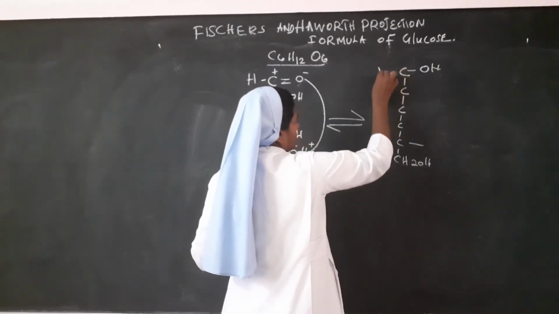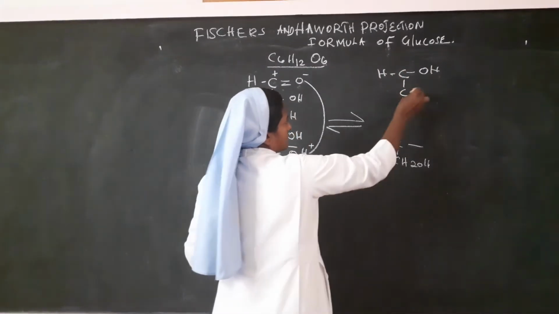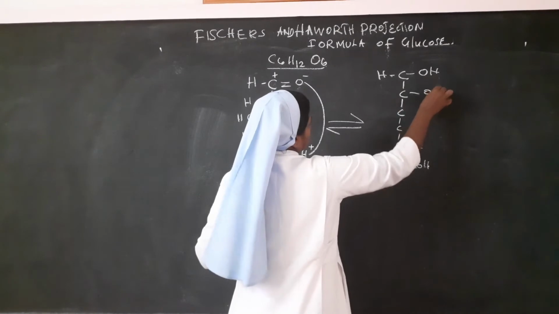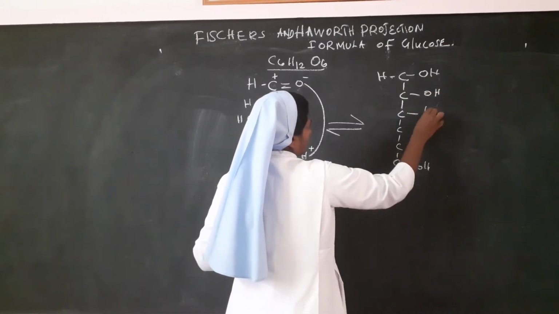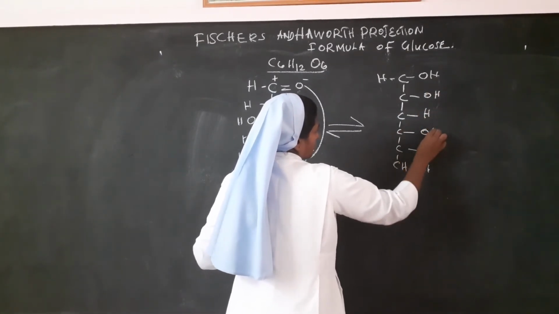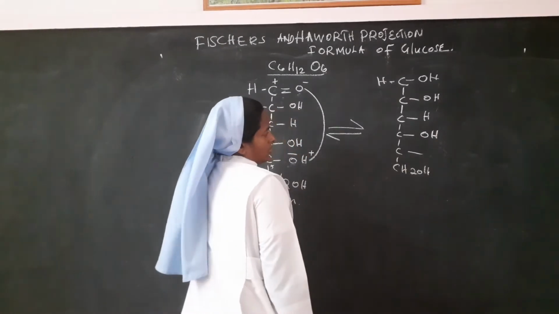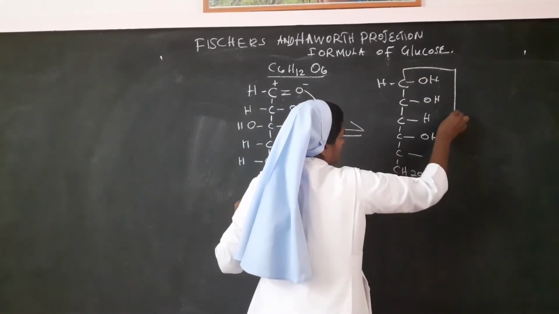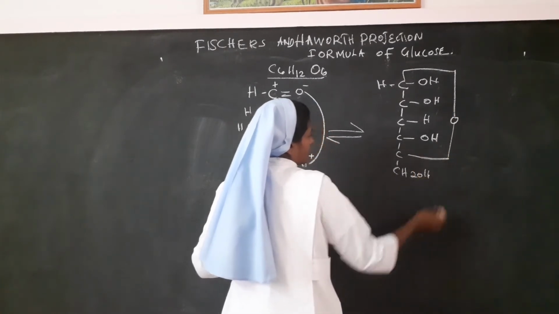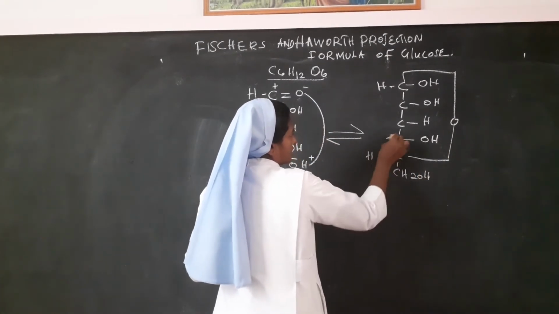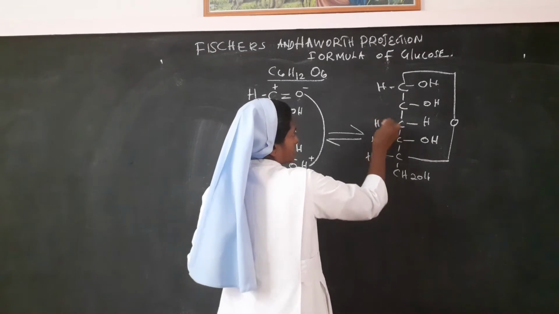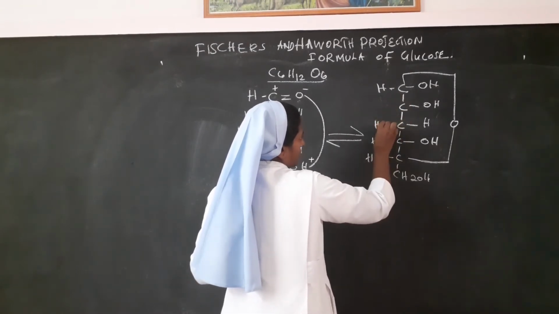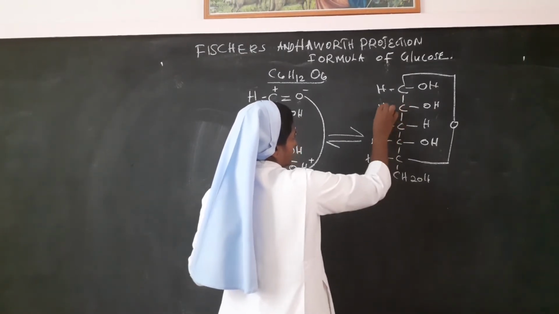Then here on the left is hydrogen, the second carbon has OH, the third carbon has hydrogen, then the fourth carbon has OH, and then this oxygen will interact with the carbon. So here we write this O, and here hydrogen, sorry, here OH, here hydrogen.